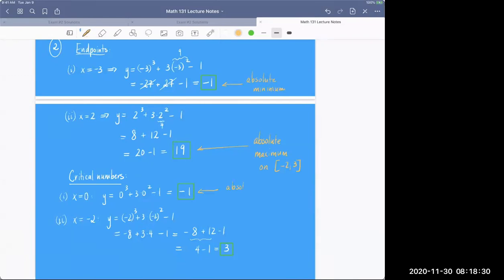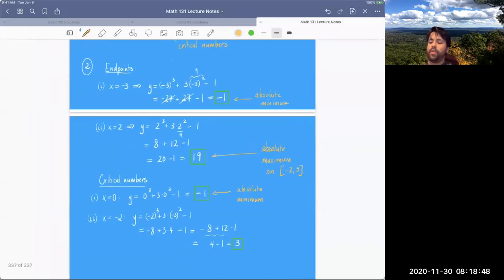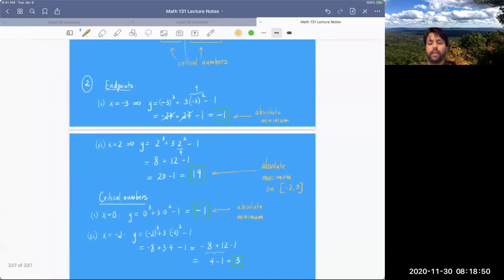When you're finding the absolute minimum or maximum, you don't necessarily need the x value. You just need the y value, because we're looking for the absolute minimum value. When we talk about minimum value or maximum value, we're looking for the y value. That's why I'm specifying we're looking for the y values of the endpoints and the critical numbers, to see which one's the maximum and which one's the minimum, because we care about the output of the function.